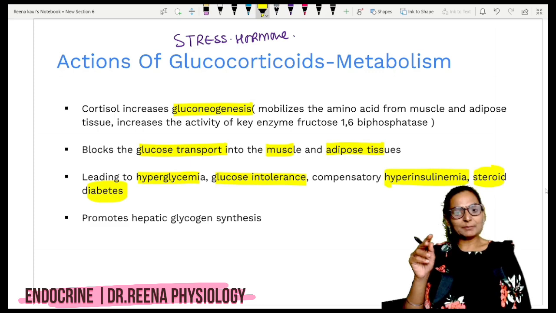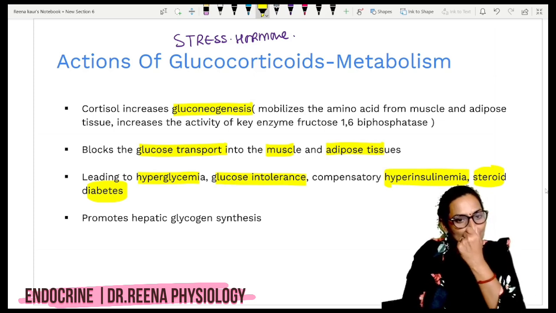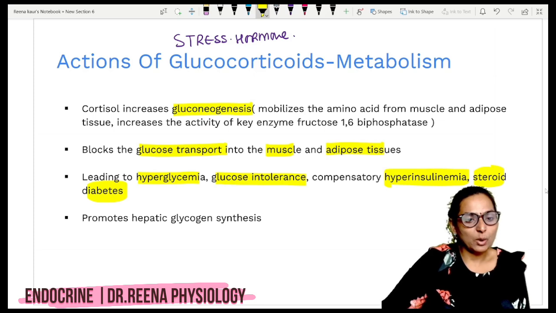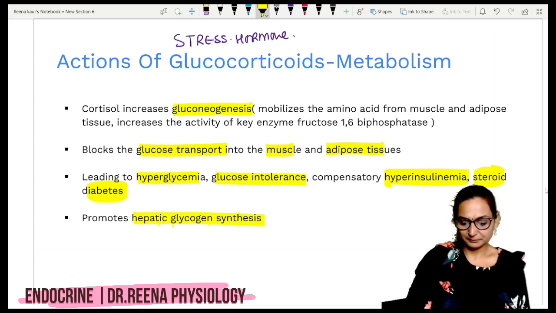Diabetes can be because of the pancreas, where insulin is less. Diabetes can be because of excess growth hormone, pituitary diabetes, or it can be steroid diabetes, which is because of the excess of glucocorticoids. Right? So it is a hyperglycemic hormone and increases the glycogen synthesis in the liver.